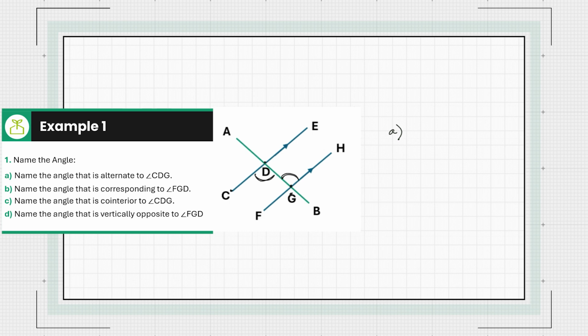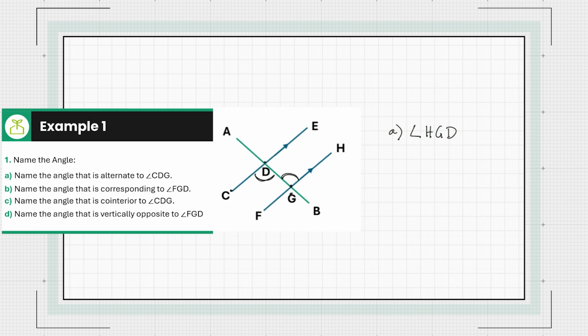So we would write this as angle HGD. Okay, so with an alternate angle, you can see it's just on the opposite side of the transversal, facing the other direction to the initial angle that we're interested in. Alright, every single one of these will be different depending on which angle we look at.